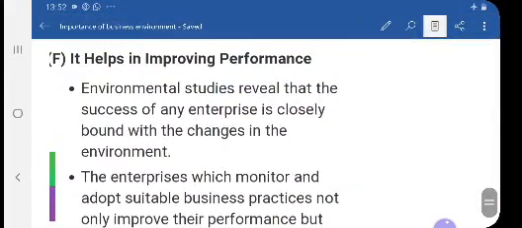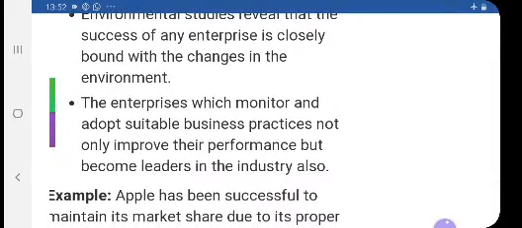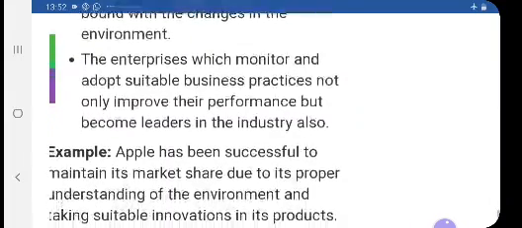Means if you are not changing according to the environment, you will not compete in the competitive market.